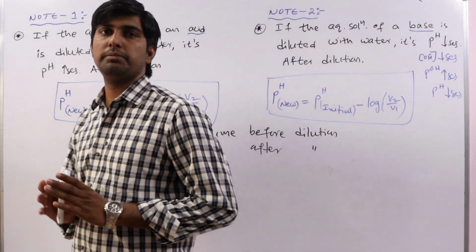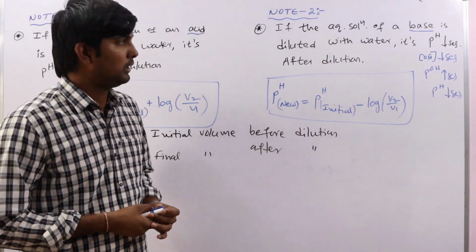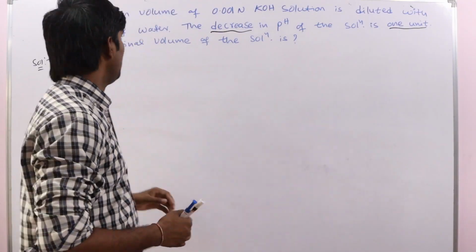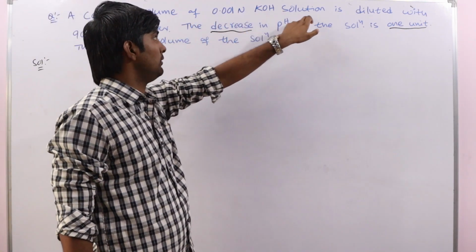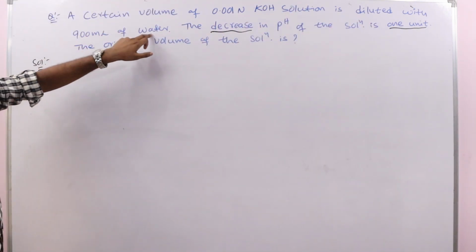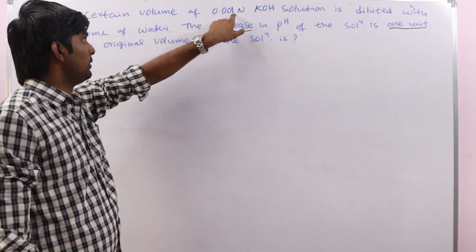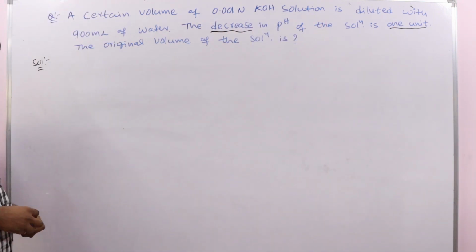So here different types of questions can be asked. I will explain with an example now. Let us see one problem. A certain volume of 0.001 normal KOH solution is diluted with 900 ml of water.